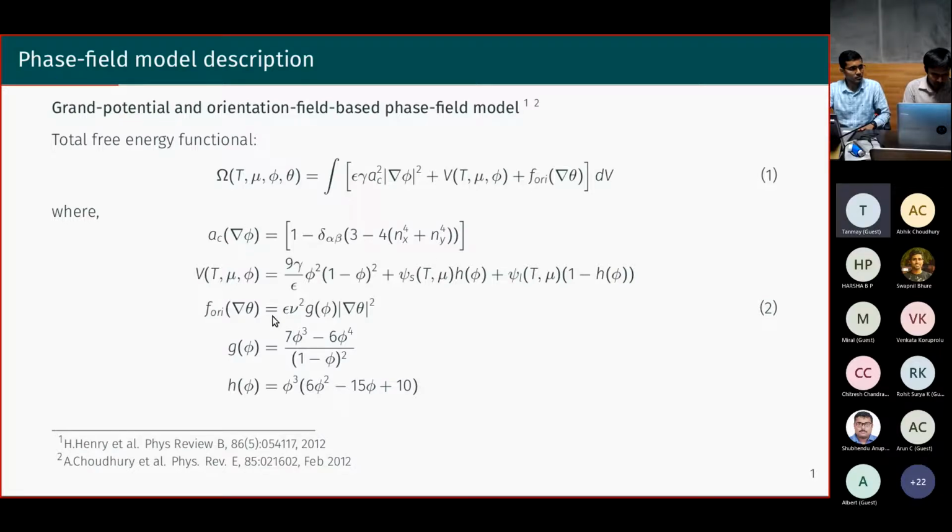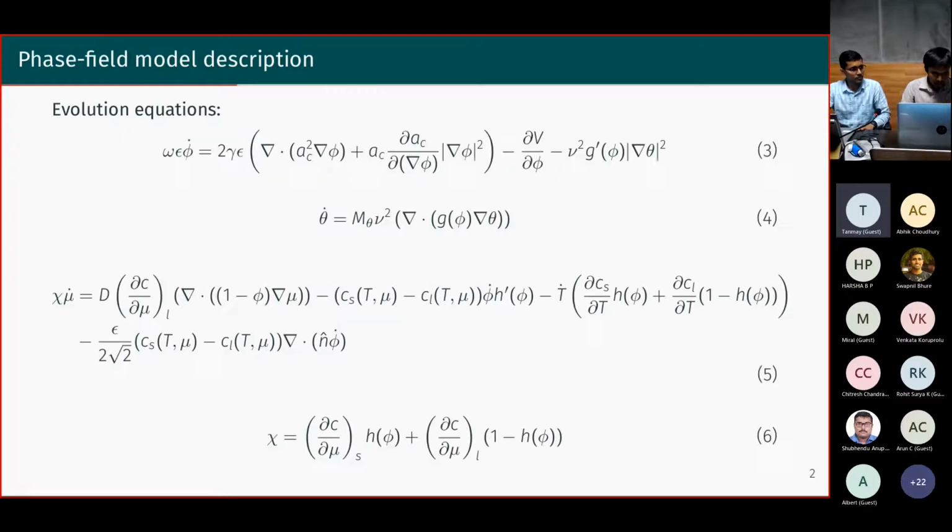And this is the form of the function of the orientation field, which I am showing here. The rest of the things are similar to the previous model. So after optimizing the grand potential, we can get the governing equations of phi and of mu.